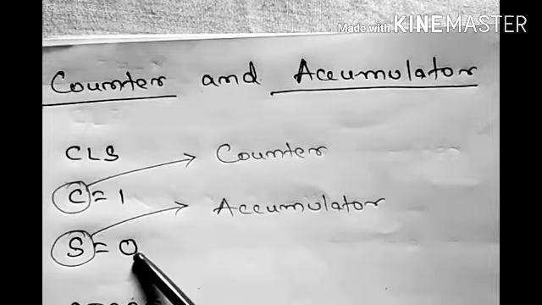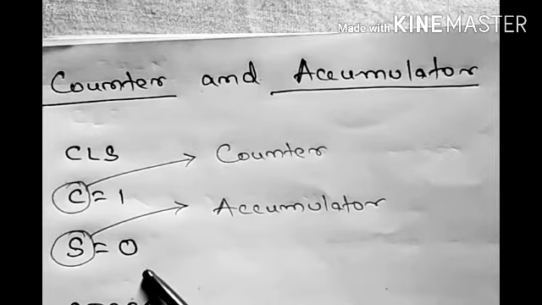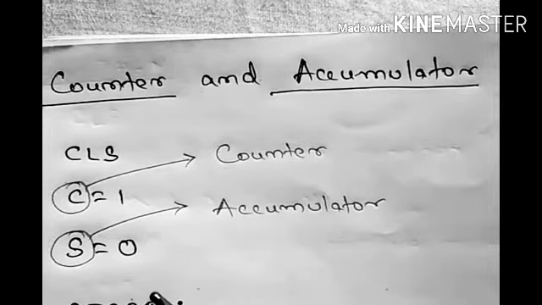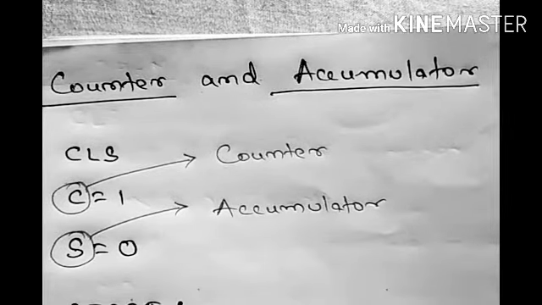But accumulator can be numeric also, data also. The work of accumulator is to accumulate, that means gather data. It keeps on updating its value according to the execution of the program or according to the value supplied from the input.